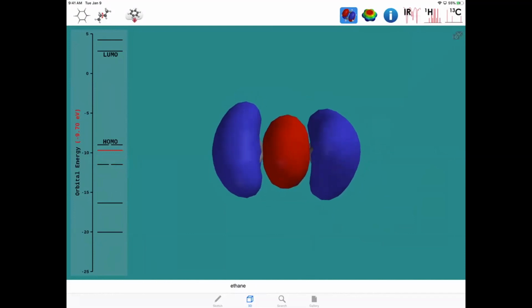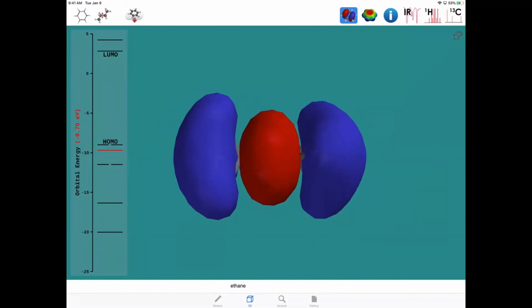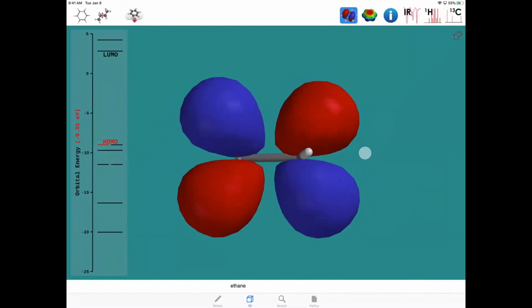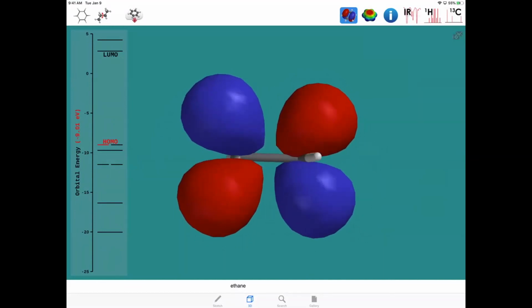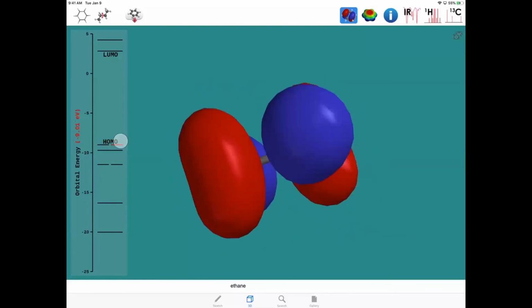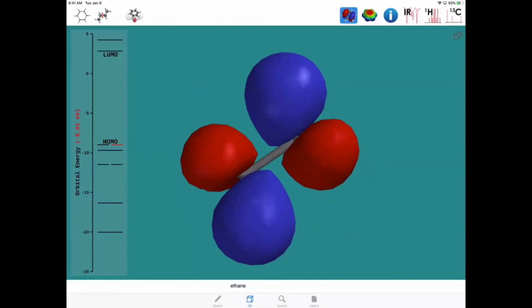You've got carbon-hydrogen bonding character here in the blue, and carbon-carbon bonding character there. And this is the one that most closely represents our previous concept of bonding. Then the highest energy electrons are in this degenerate pair of pi minus pi combinations, which are carbon-carbon anti-bonding, but which maintain carbon-hydrogen bonding character. All right.